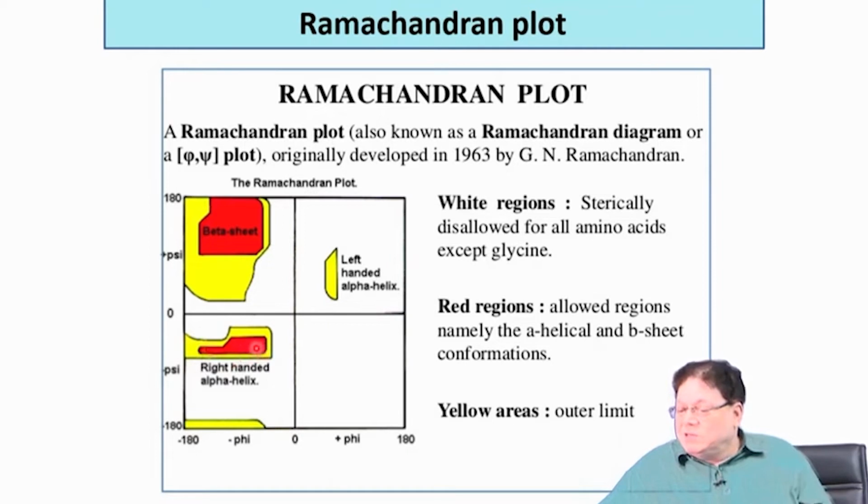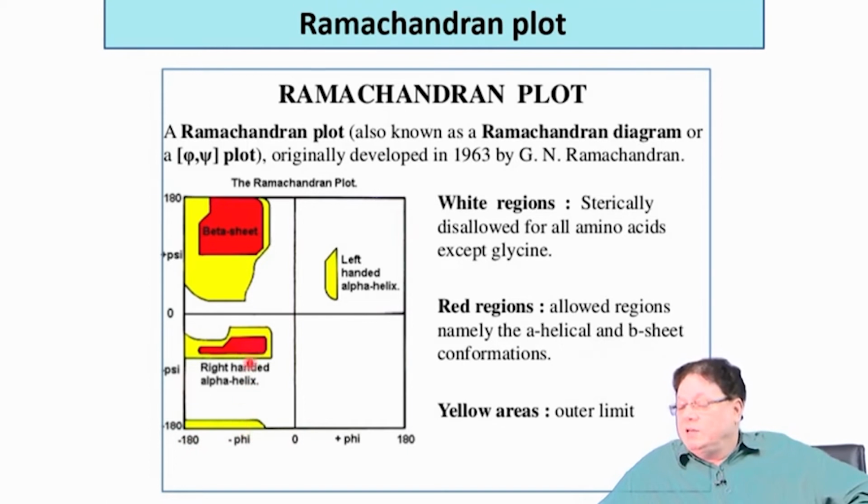Alpha helix is allowed when the phi psi combination is close to these values, about 60, 70 on this side and close to 90 on that side, because this is 0, this is 180.